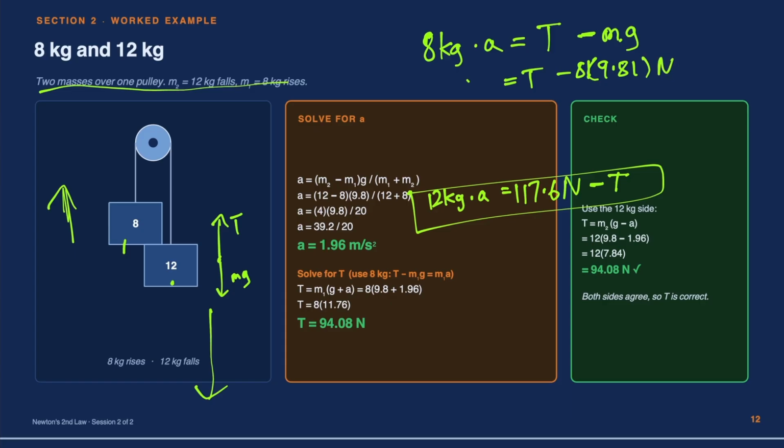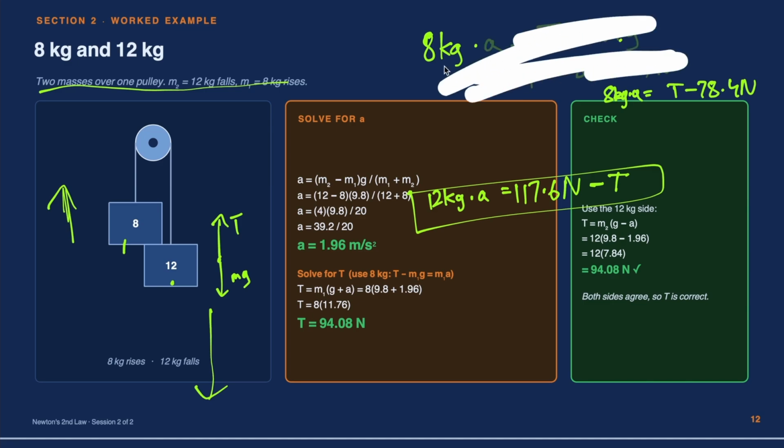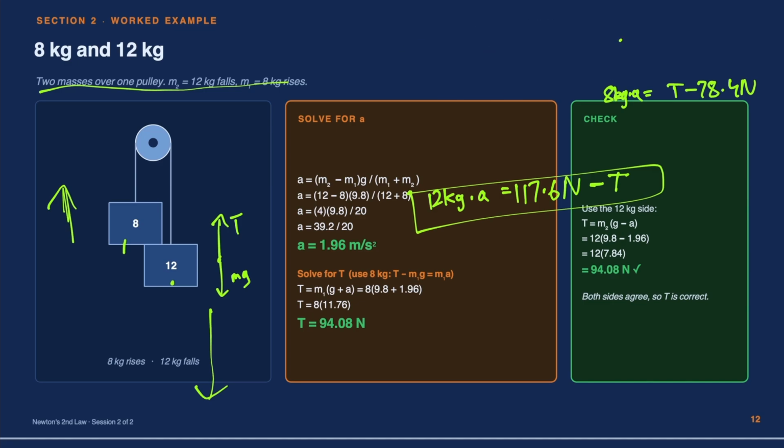So 8 times 9.8 is 78.4. So T minus 78.4 newtons is equal to 8 kg times acceleration. So yeah, that's our final two equations, right?